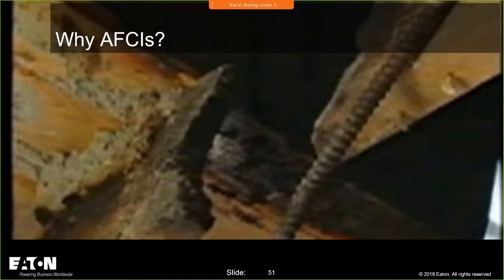I have video of this, but I'm going to try something here. Say I have a sine wave, and I have a nice sine wave that looks like this, right?